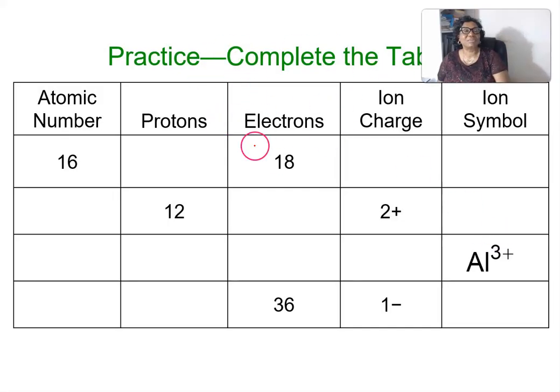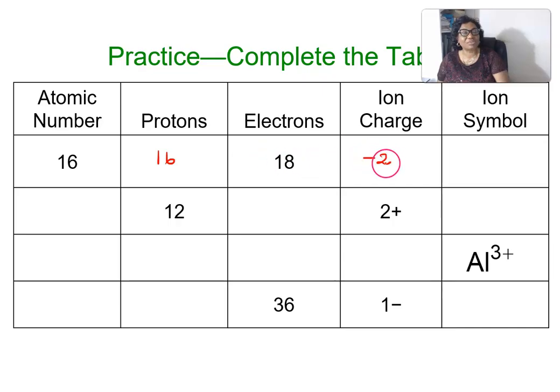So practice, you can use this practice. I'll just do the first one. Atomic number 16, number of protons, of course, is 16. It is said it has 18 electrons. So what is the charge?